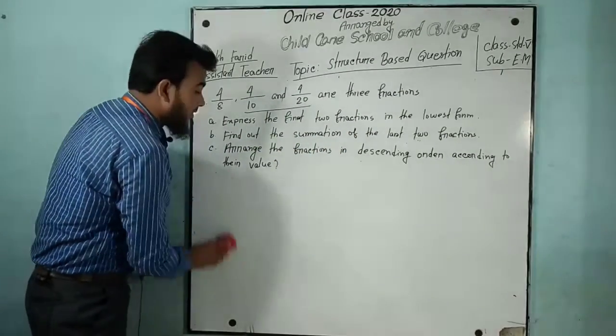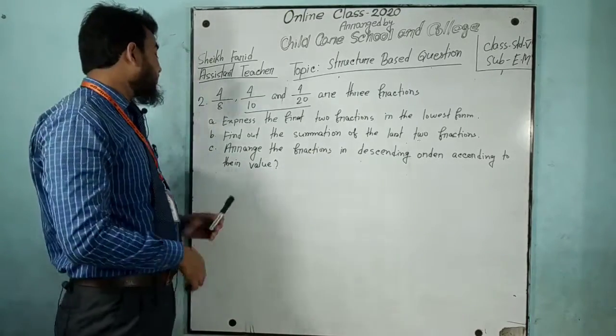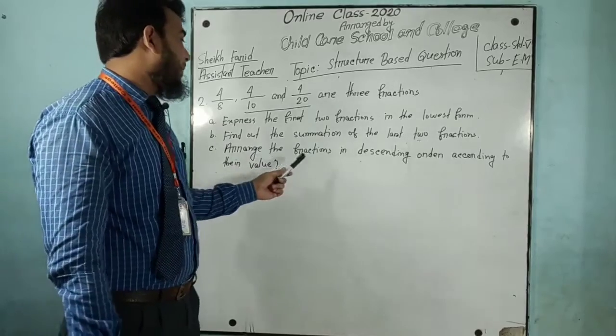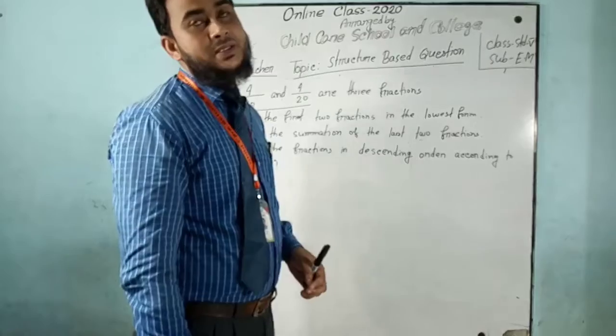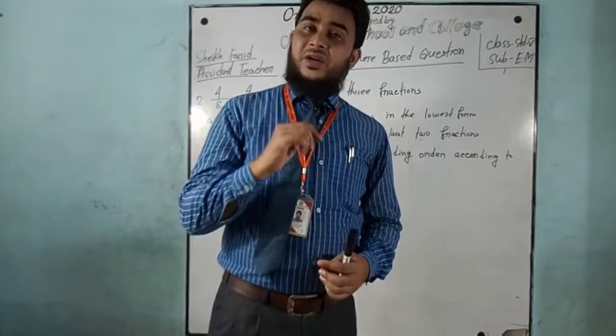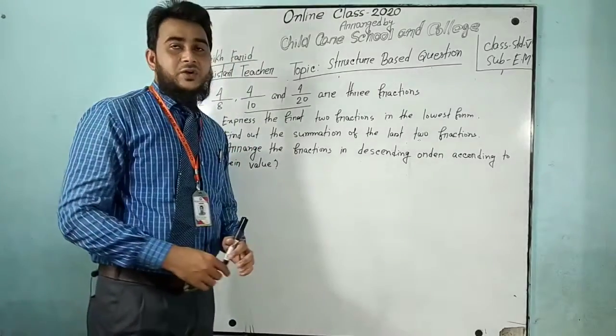The last one is very easy. Everyone, at first try to understand the question. Look here. Arrange the fractions in descending order. You know that descending order means greater to smaller according to the value.